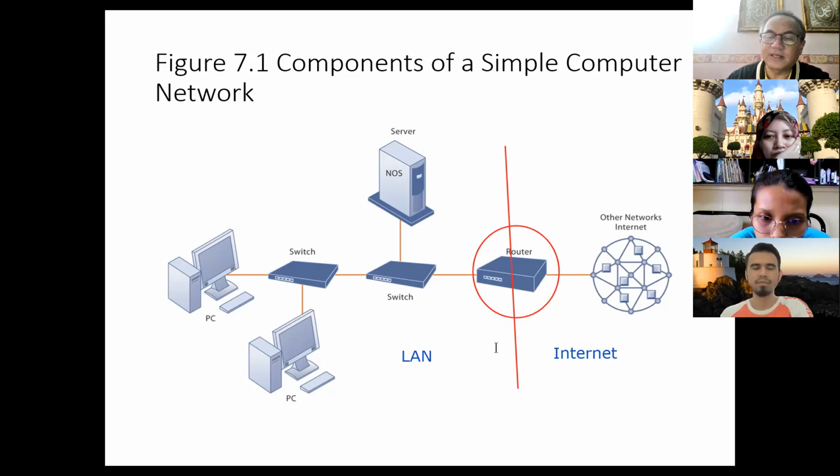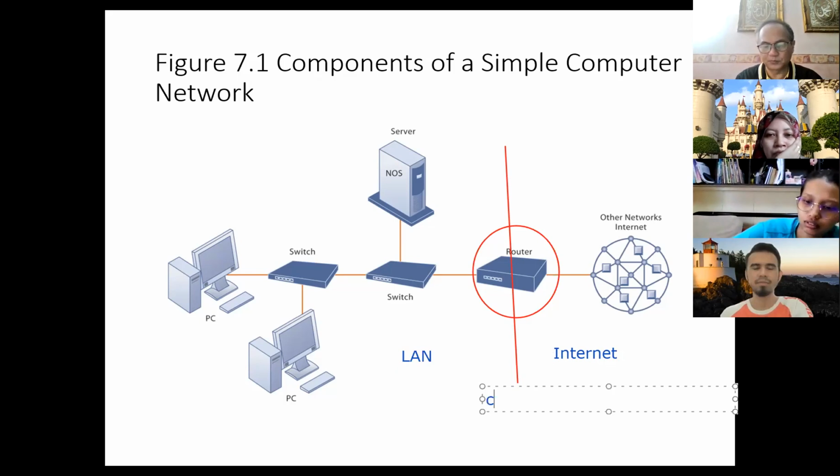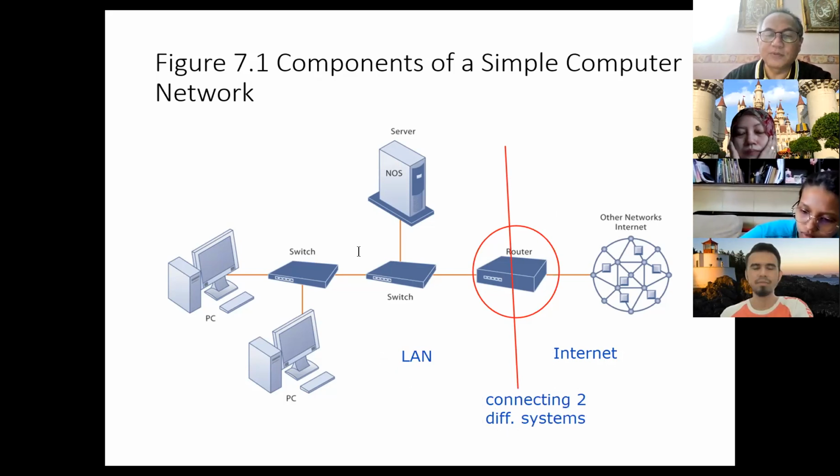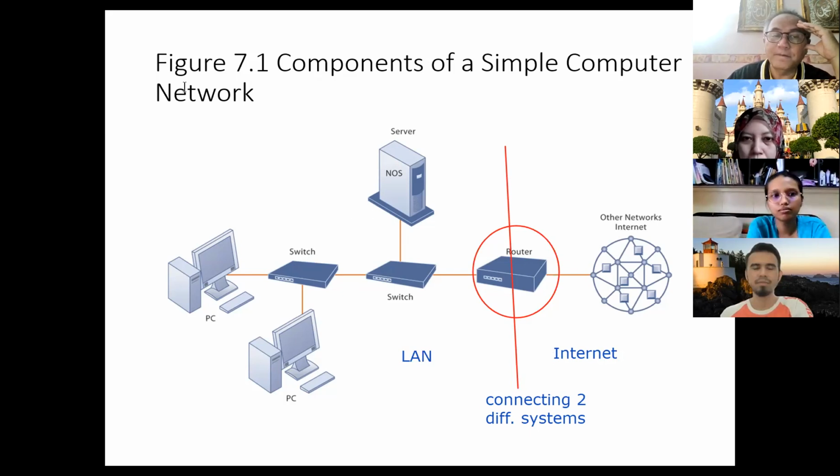So routers are connecting two different systems. Yeah, that is what router means. And then we have switches. Previously we used to have modem, but today a lot of people just use routers at home.